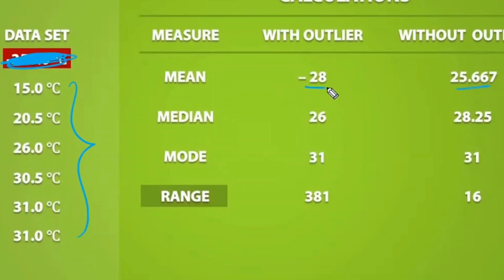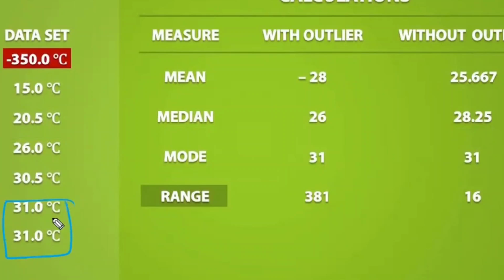With the outlier it is minus 28; after removing it, it is about plus 25. Coming to the median, including the outlier, there are 7 data points in total, and the center value, 26, is the median. If you remove the outlier, the center value is the average of the two middle values, which is 28.25.